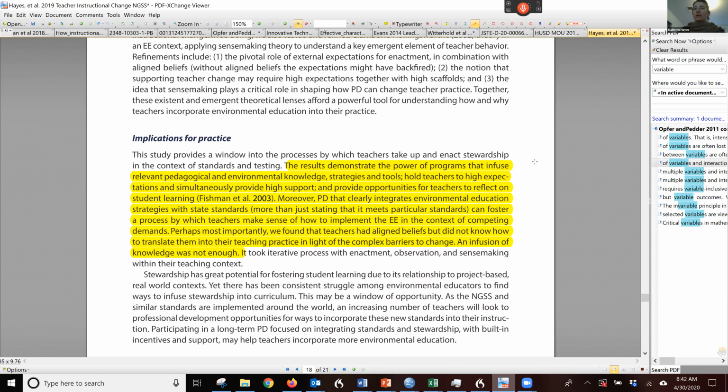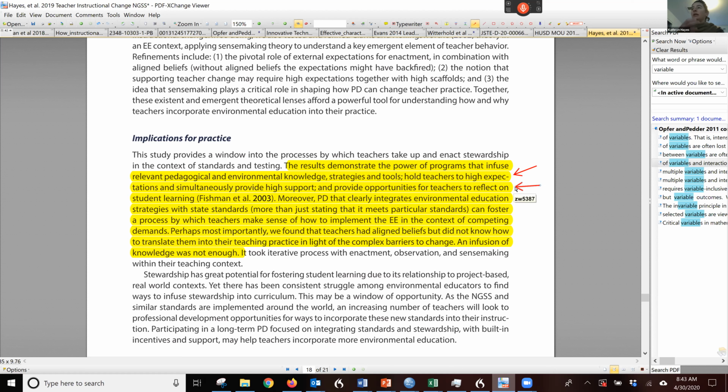So I make this argument, and again, remember, I am making an argument with this paper. That's a really important piece. And I'm also trying to support people out in the field doing work, right? So I say, these results demonstrate the power of programs that infuse relevant pedagogical and environmental knowledge, strategies, and tools, and then importantly, hold teachers to high expectations and simultaneously provide high support and provide opportunities for teachers to reflect on student learning, right?